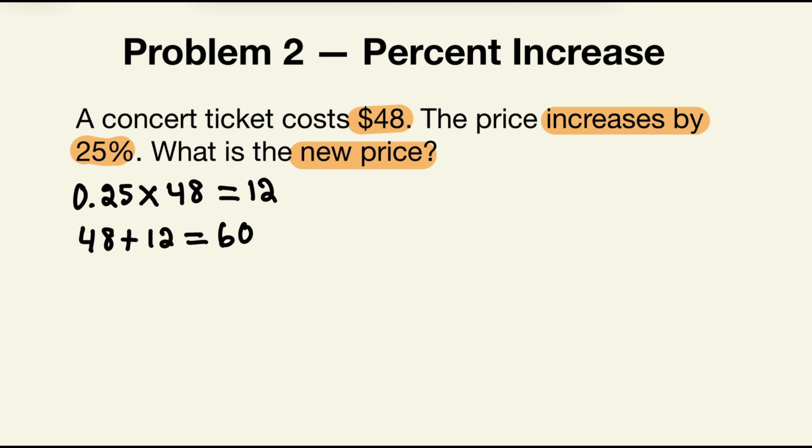So the new price is $60. And that is the final answer here. Now, another common mistake that I would like to say is subtracting instead of adding. Since the price increased, we add. Let's move on to the next problem.